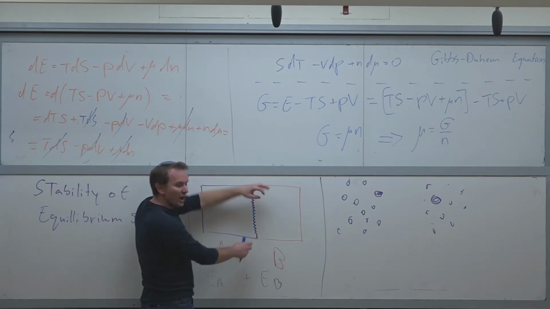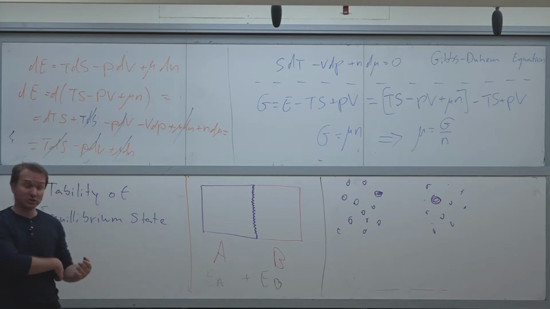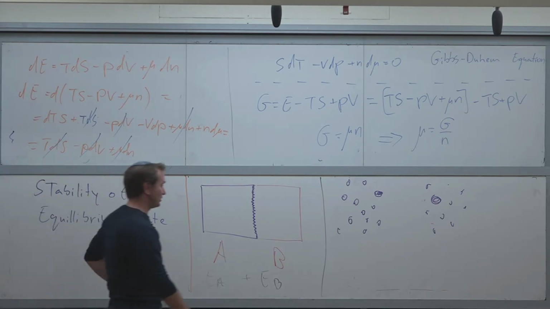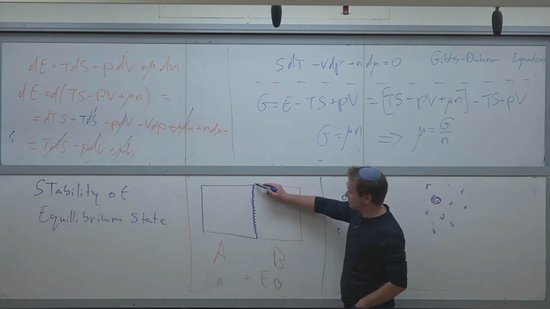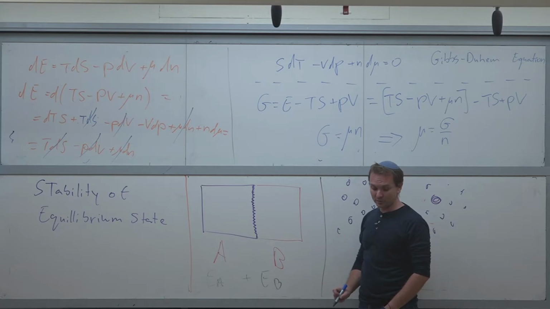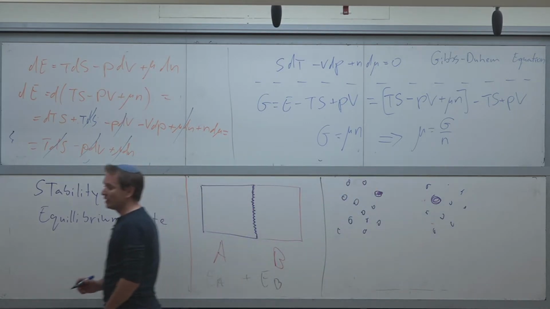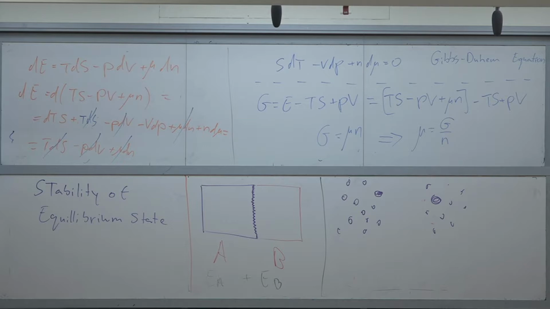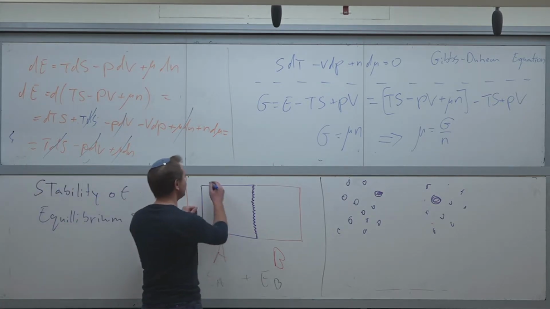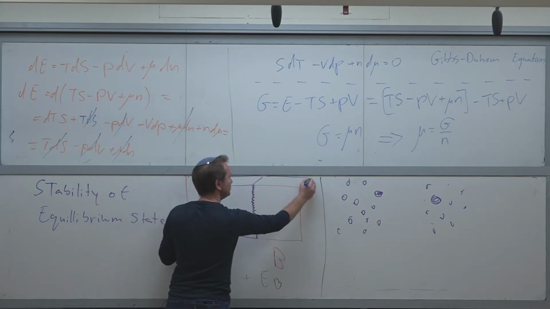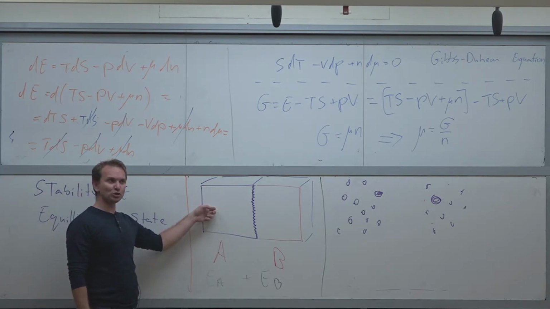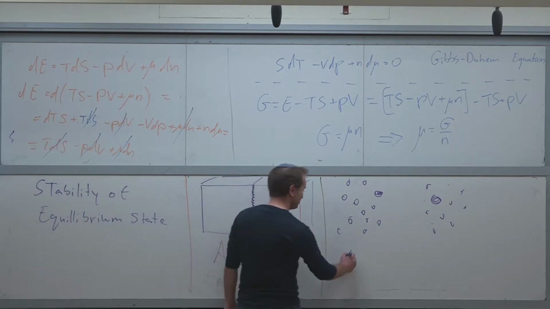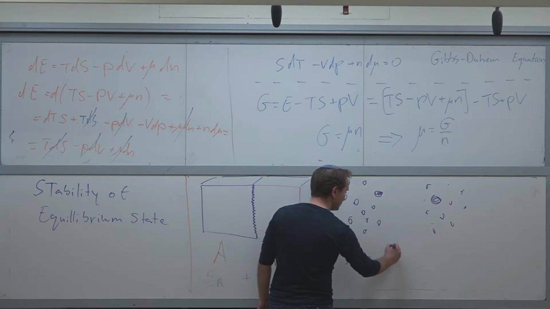Why can I neglect the interaction energy? The argument is a scaling argument. How many particles are here on the border? If I'm assuming that this is a cube, and this is a cube, the total number of particles is proportional to the volume of the system and goes as r to the third.